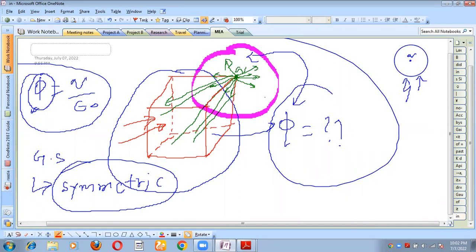Now the point is how we should select a cube such that this charge which is placed at the corner is symmetric. So let us draw a new diagram.